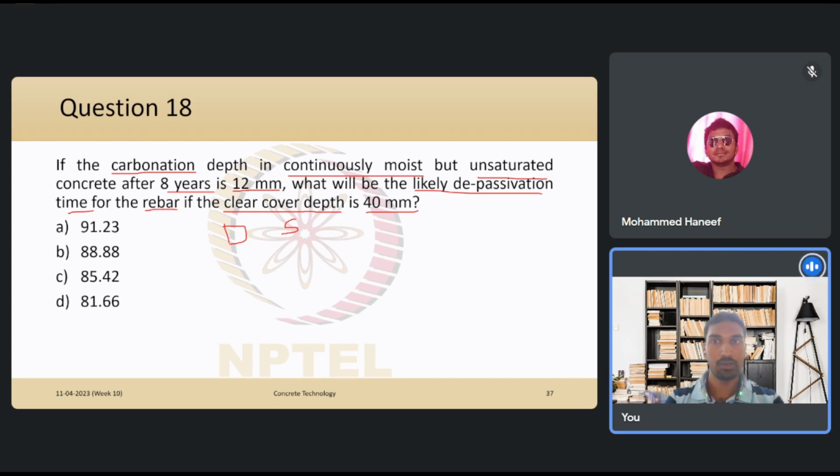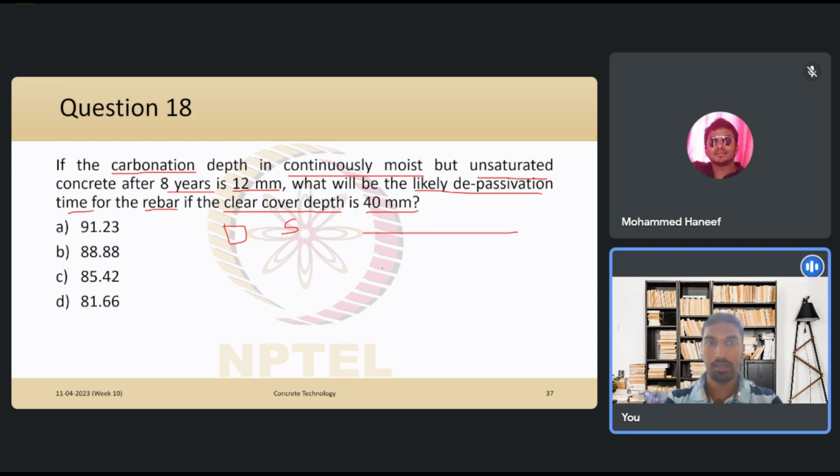The clear cover provides resistance to corrosion, and once it is totally removed, we say that it is depassivized, and therefore corrosion can now occur. So we need to find the time it takes for this to occur.